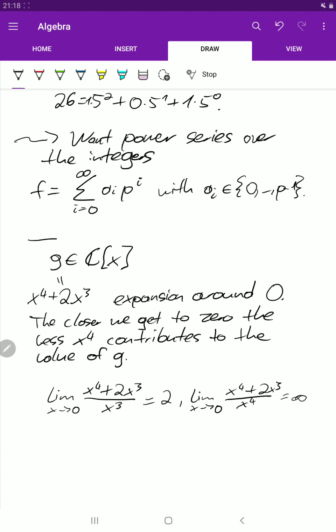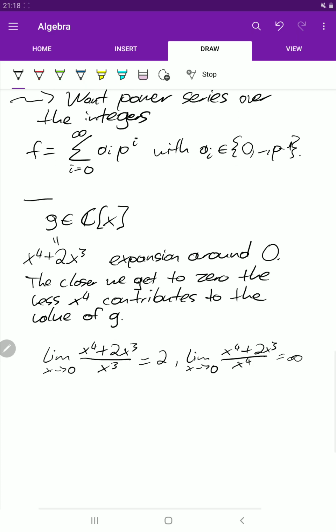So basically, yeah, what I'm saying is x to the 4 gets smaller faster than the x cubed term.